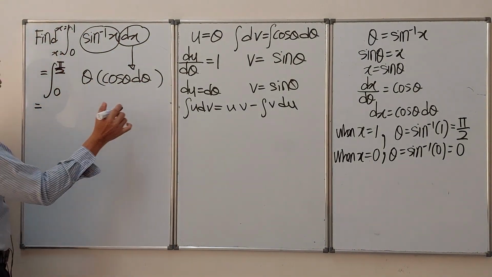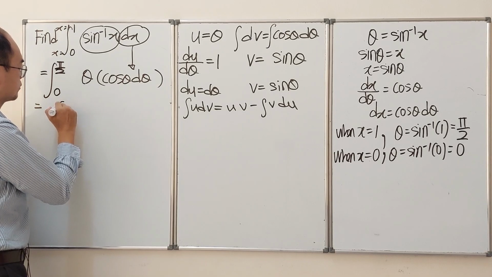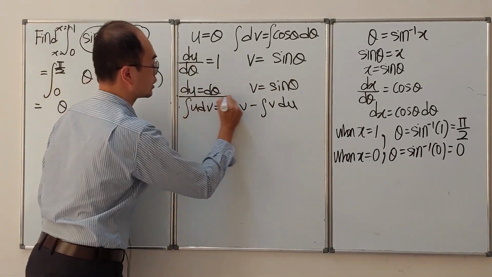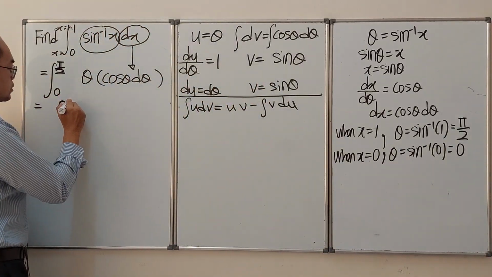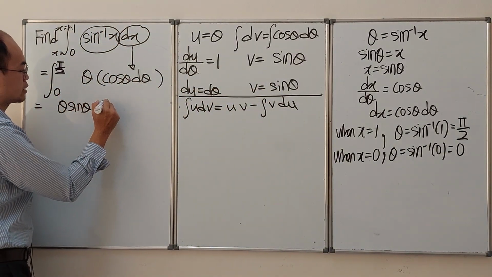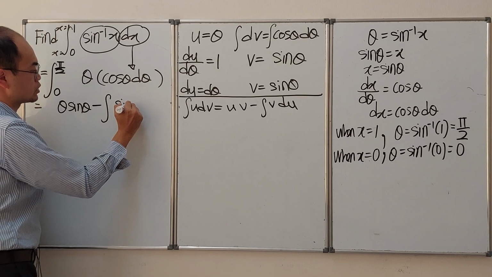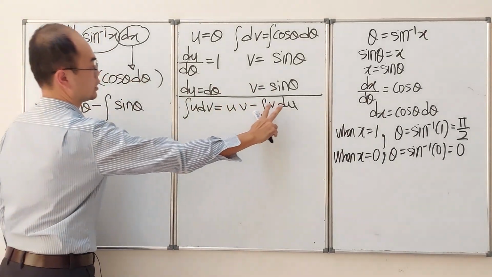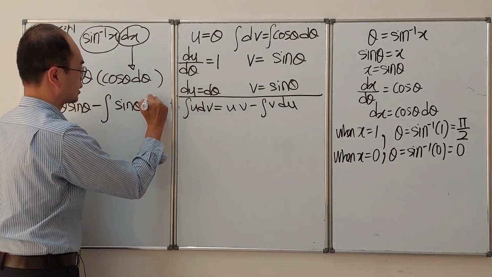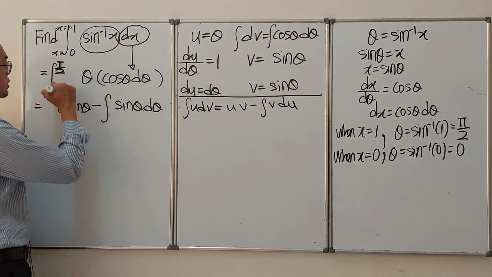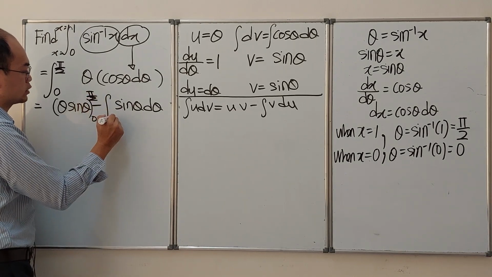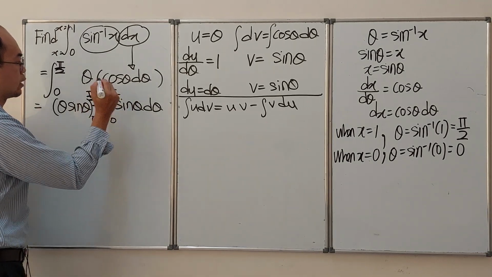So then I have u, which is theta, times v, sine theta, minus the integral of v, which is sine theta, times du, which is d theta. Because there is a limit here, I'm going to put 0 to pi over 2, and this also 0 to pi over 2.